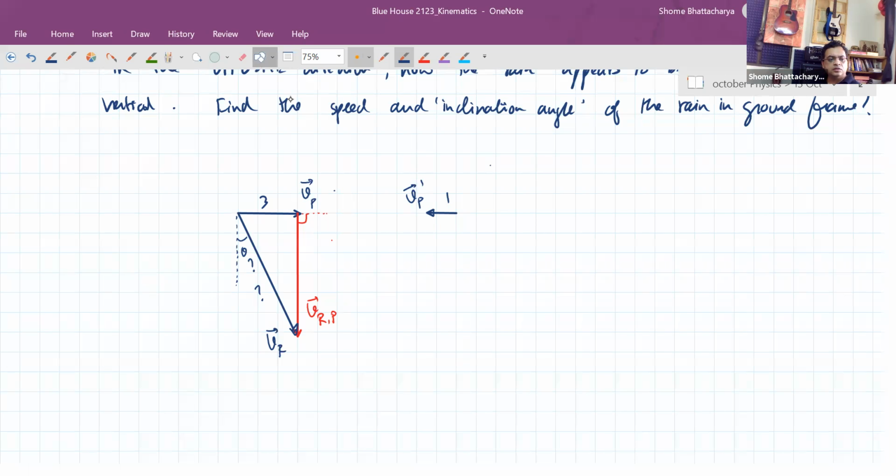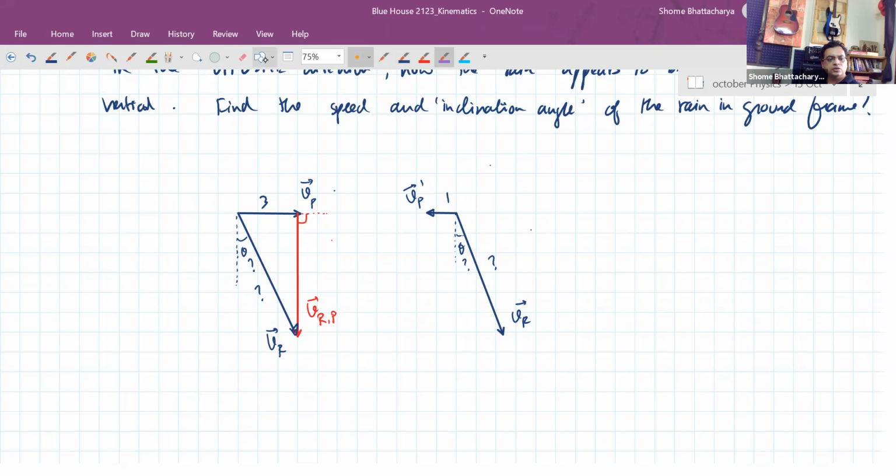Okay, but the velocity of the rain is the same as in the earlier diagram. So the same vector that you have to pick up from there. So this is the velocity of the rain. Then this angle is the same theta. It's the unknown value, unknown angle.